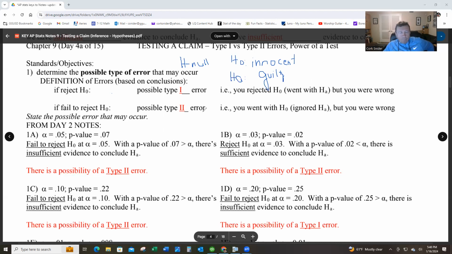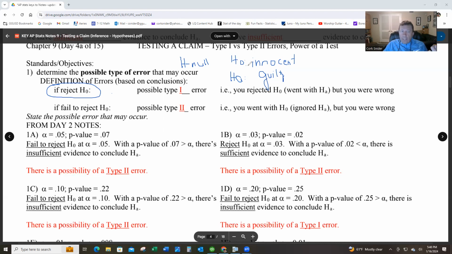Now, if you have a lot of evidence that someone's guilty, let's say this is a murder, they were at the scene, they got blood on their clothes, they're holding a knife, you've got a lot of evidence. You would reject H0. Reject H0 is formal language for saying, I don't think H0 is true, I'm going with HA.